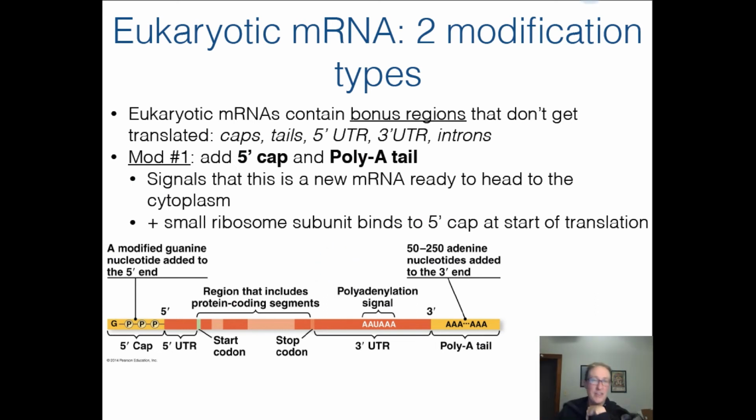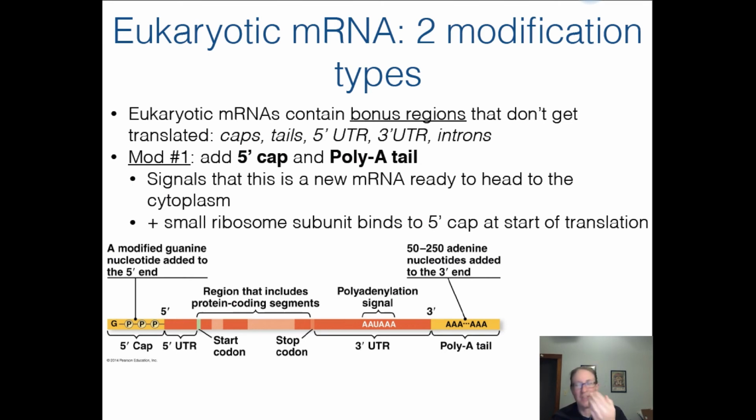The first modification that gets made to the mRNA is to add that 5' cap and the poly A tail. Those are markers put on the mRNA that signal that what's here is a new mRNA that's now ready to head to the cytoplasm.